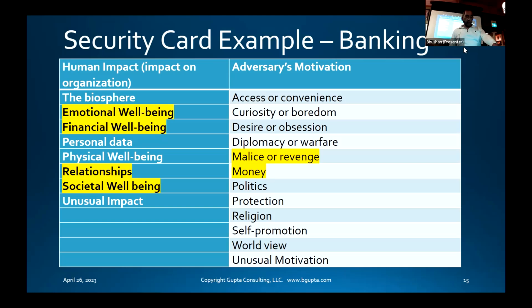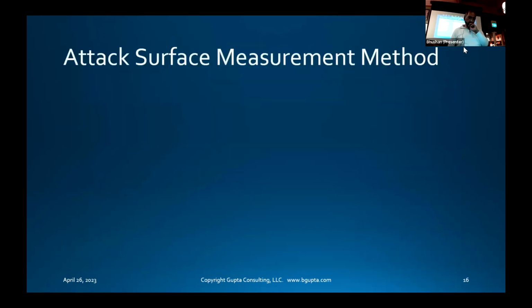I have a total of 8 here and 12 here, 20 cards. So out of 20 cards, 6 cards have the promise of affecting me. By taking that, I can really take a particular operation and define how valuable my targets would be.